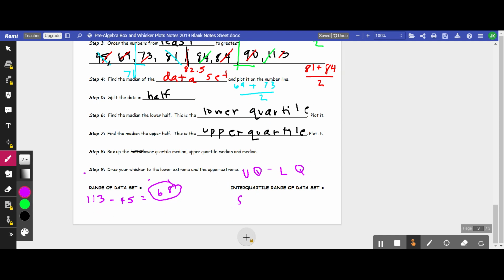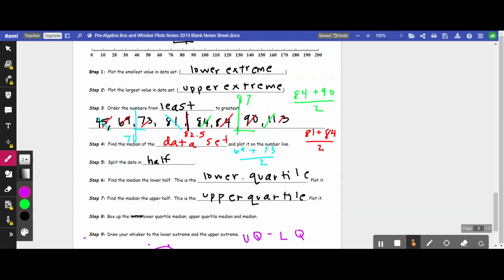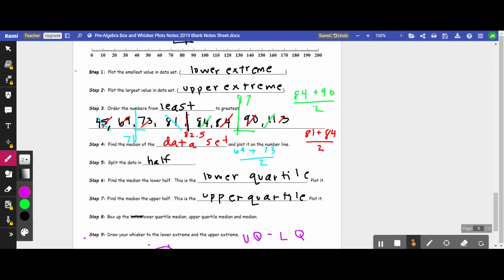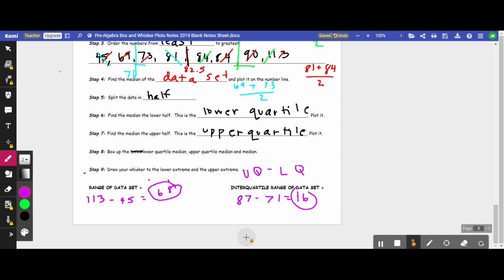So this will be 16. That'd be your interquartile range. And like I said, it's also the length of the box. It's kind of hard to tell what these values are, but our upper quartile is at 87 and your lower quartile is at 71. So the length of the box is also 16.